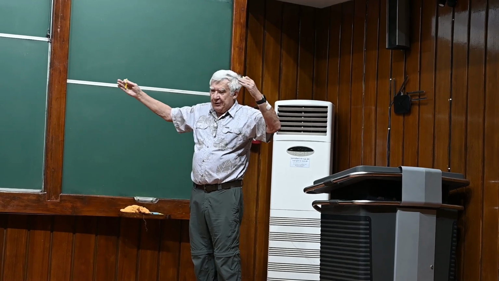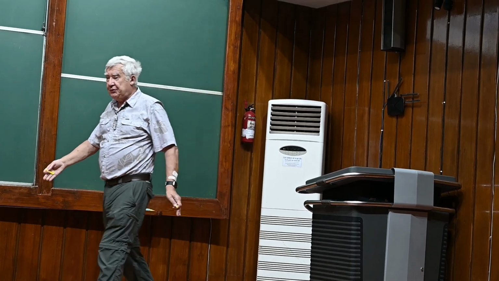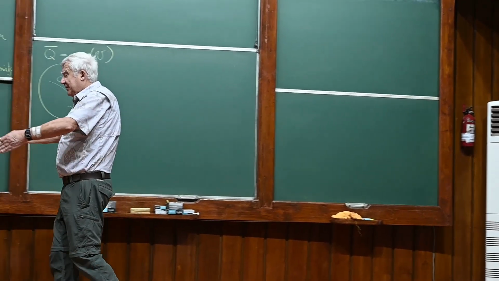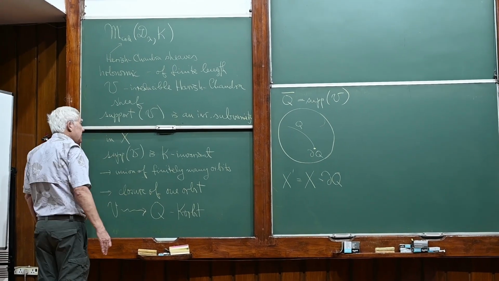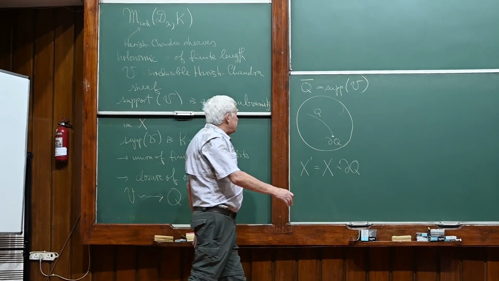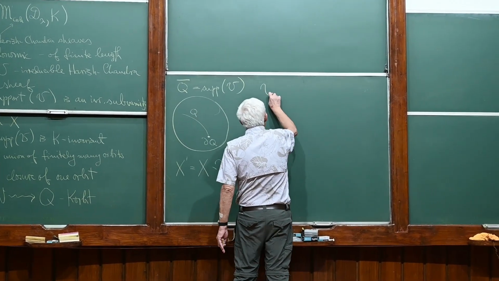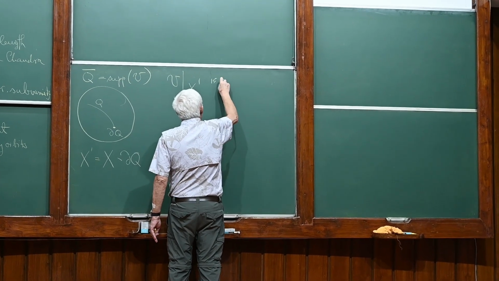This works for D_lambda modules with the same proof. And this tells you that if you restrict and get something reducible, then the original D-module is reducible. So the conclusion is that our V restricted to X' is irreducible.